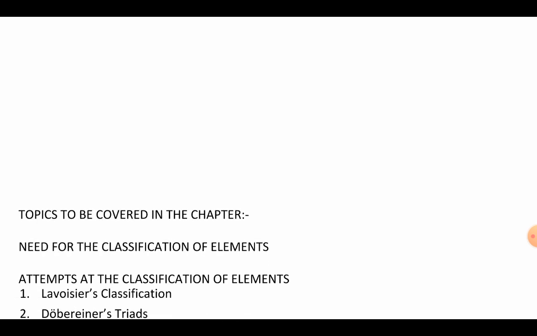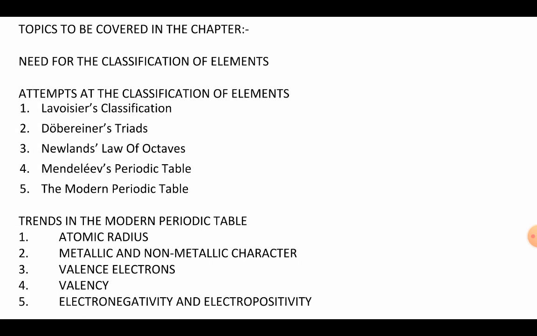Now in this chapter, the very first topic that we will cover is what is the need for the classification of elements, that is, why do we classify the elements. Then after we are done with this, we will move on to the second topic, that is attempts at the classification of elements.